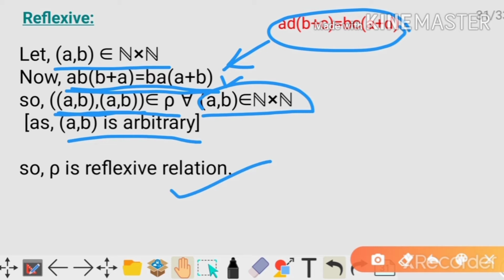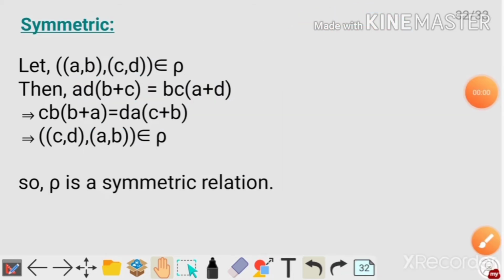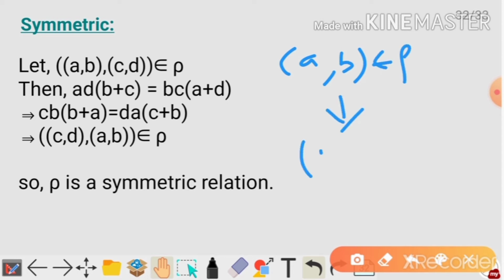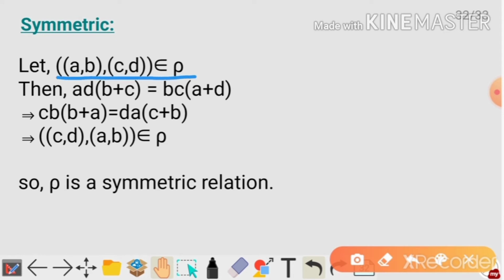Now we will move to the symmetric part. How do you prove a relation as symmetric? First, we suppose that (a, b) belongs to the relation. Then we show that (b, a) also belongs to the relation. Similarly, here we have taken a point from rho, which is ((a, b), (c, d)).